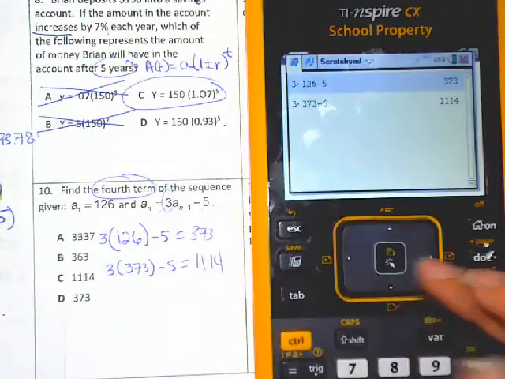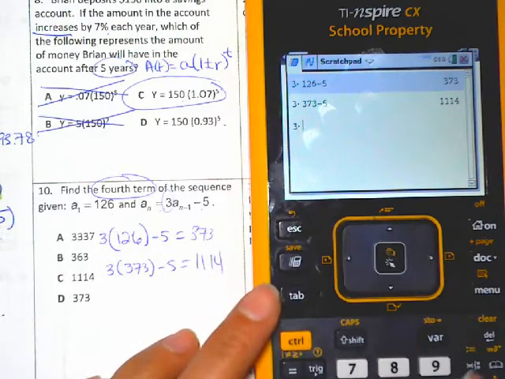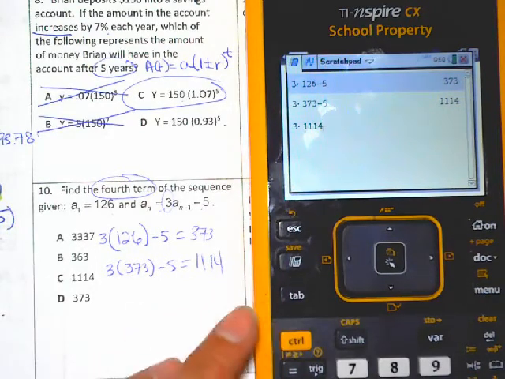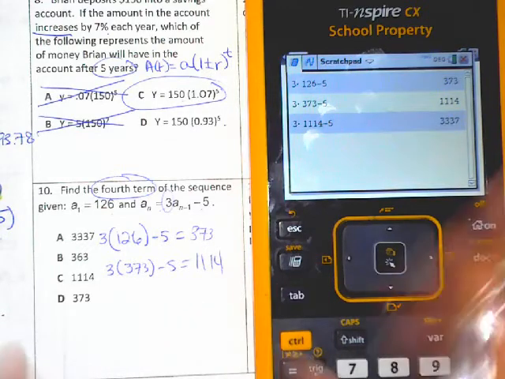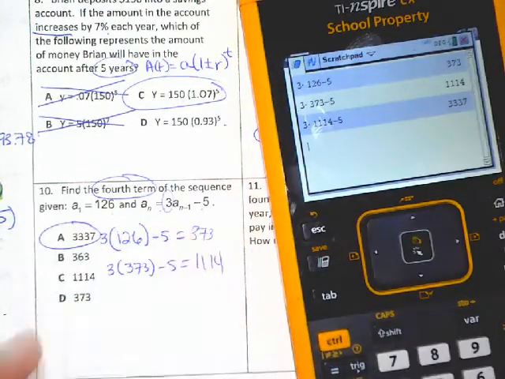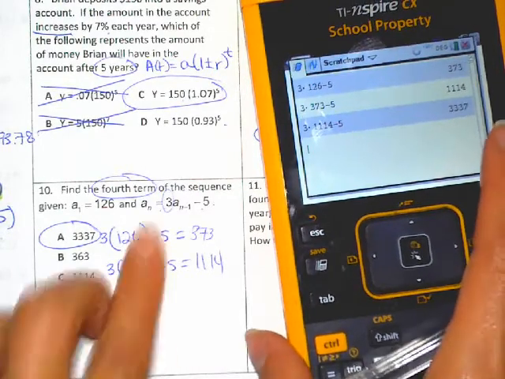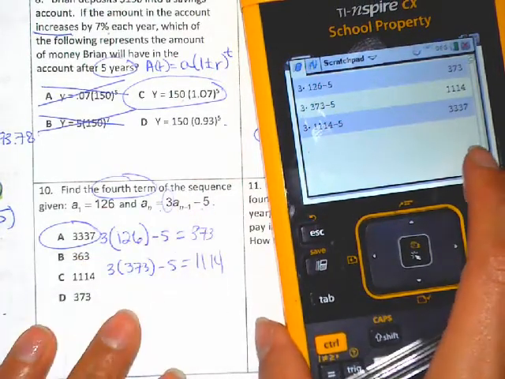Then do it one more time. 3 times 1,114 minus 5. Okay, so the fourth number is going to be 3,337. Does that make sense? So you could do this tomorrow, right? Just follow what the equation says.